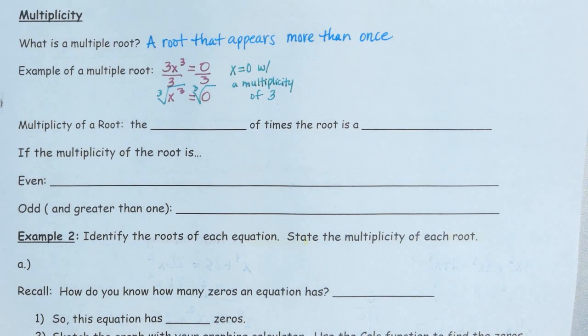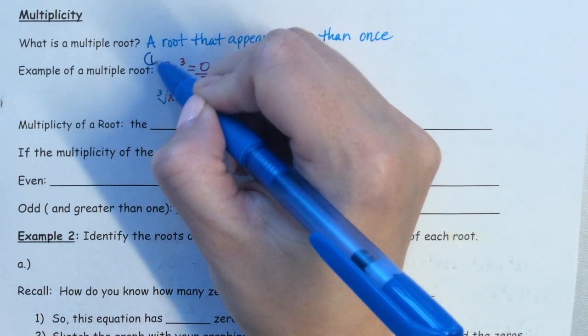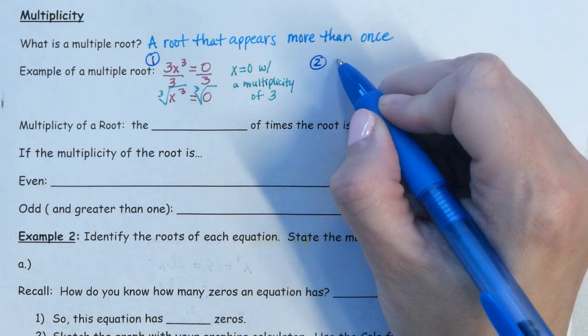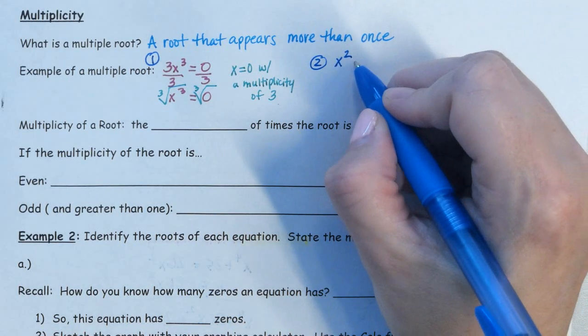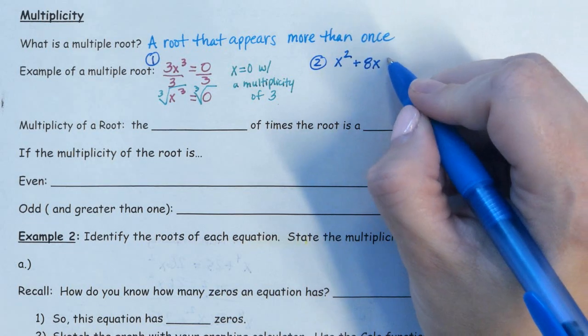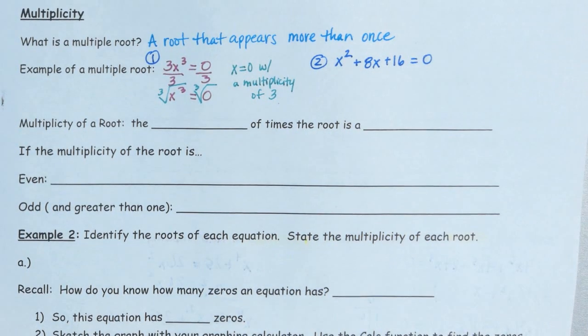There are other situations too. Here's another example. We briefly talked about this, but we're going to go into more depth now. If you had something like x squared plus 8x plus 16 equals 0, let's solve that one by factoring.